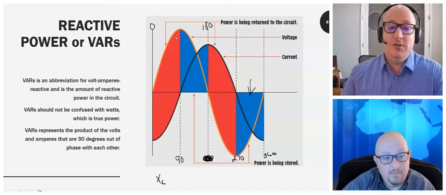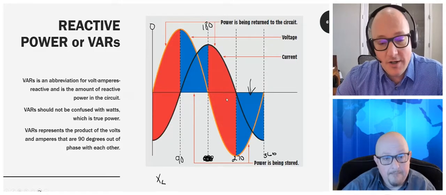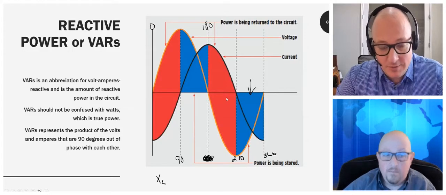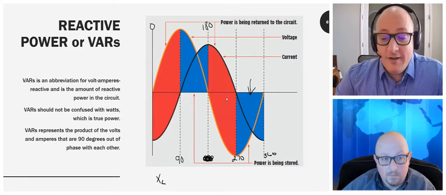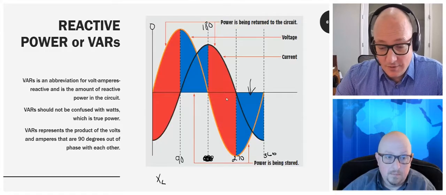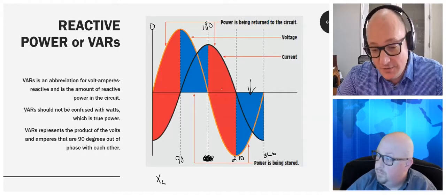If you looked at the 90-degree portion of this sine wave and drew in the voltage induced by the collapsing field, that's what we call counter electromotive force. It's 180 degrees out of phase with the applied voltage. It reaches its peak at 90 degrees because that's when the current goes downhill to its zero value.